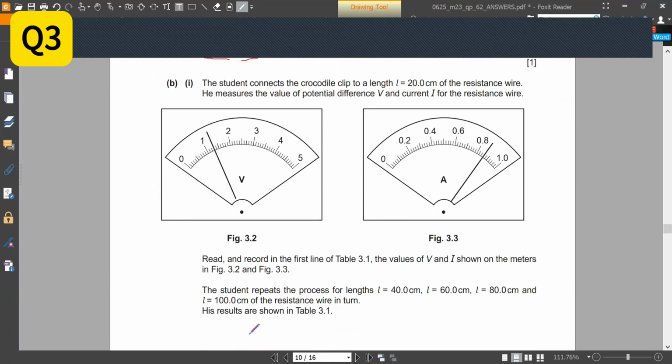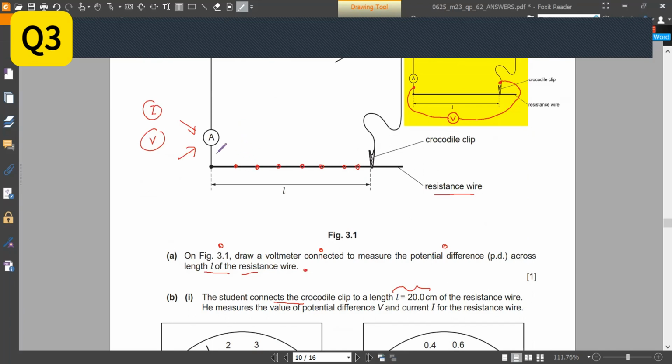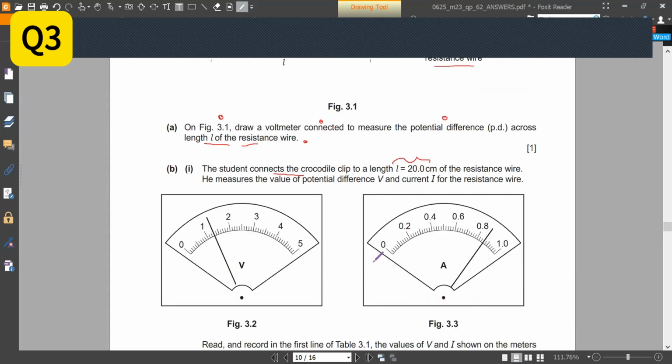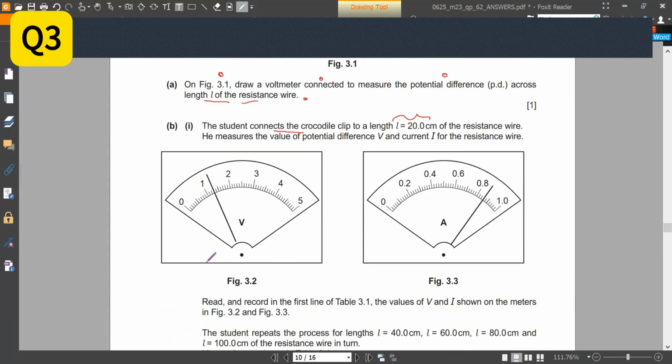Next, so we are having some reading here. The student connects the crocodile clip at 20 cm of the resistance wire. So let's say our first measurement is maybe somewhere here, 20 cm. So we can get a current reading and a voltmeter reading. And then after that, we will change to a different position and then take the readings accordingly.